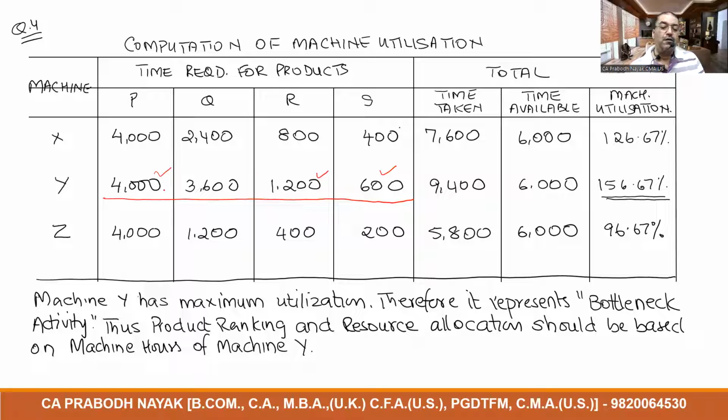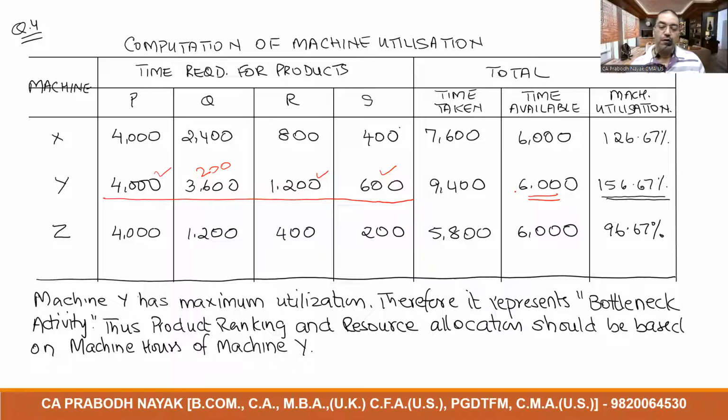How many hours are taken now? 1200 plus 600, 1800, plus 4000, 5800. So now how much is balance for Q? Only 200 hours, because total hours is restricted to 6000. So I will take full 600 of S, full 1200 of R, full 4000 of P, and this I can take only 200 hours because my maximum number of hours is restricted to 6000.